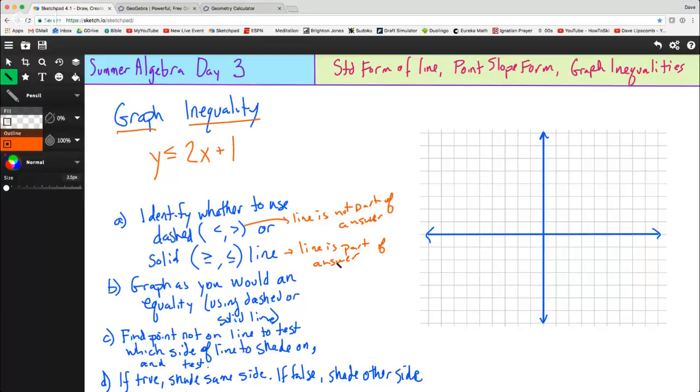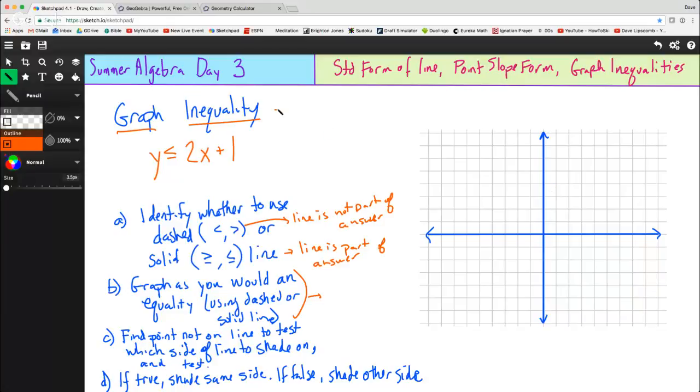So you just identify whether you're using a dash or solid. You don't draw anything yet. Then you graph as you would an equality, using a dashed or a solid line. Here's the part where we do the graphing: we figure out how to graph, and then we use our dashed or solid line. The third thing is to figure out which side of the line includes the answer.